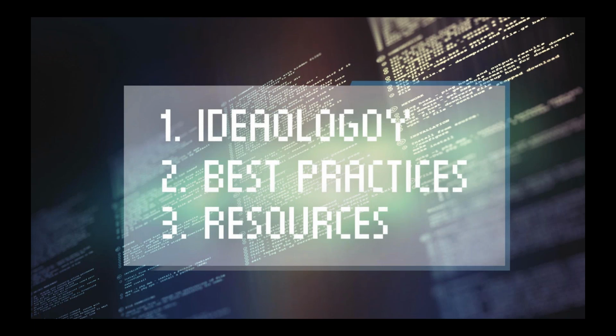I don't know if you're like me, but I've signed up for a ton of courses and gone through maybe 1 or 2 modules and then given up. And so I think that ideology is an important component when it comes to actually learning this stuff. Another thing is best practices.